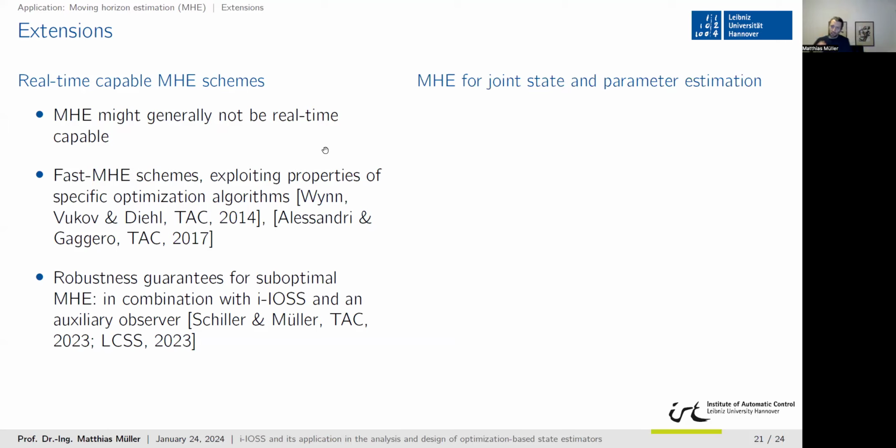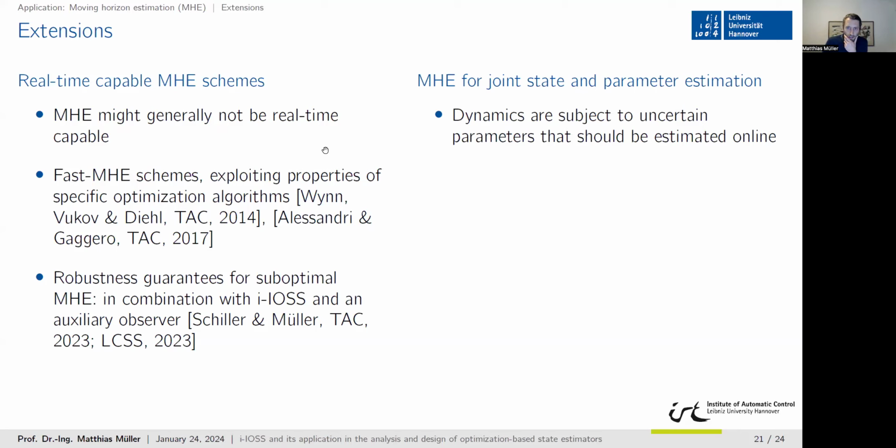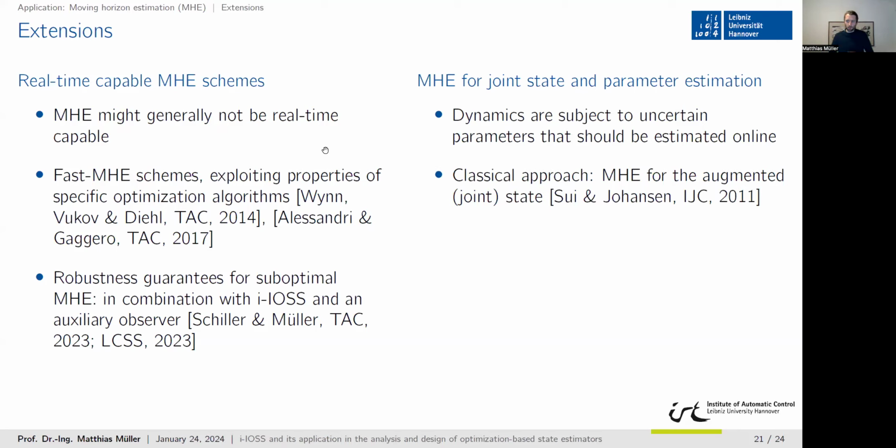And the other extension that we have recently worked on is joint state and parameter estimation. Besides state estimation, we also want to estimate unknown parameters if we have parametric uncertainty. That also should be estimated online. And there has also been some old work, roughly 10 years ago, by the group of Tor Arne Johansson, where they did not use this Lyapunov analysis, which was not available back then, but designed an MHE scheme for just looking at the augmented state, extending the state by a constant dynamics for the parameters.